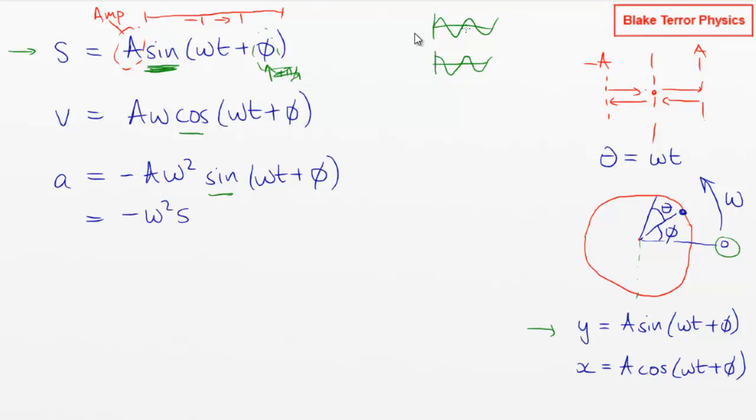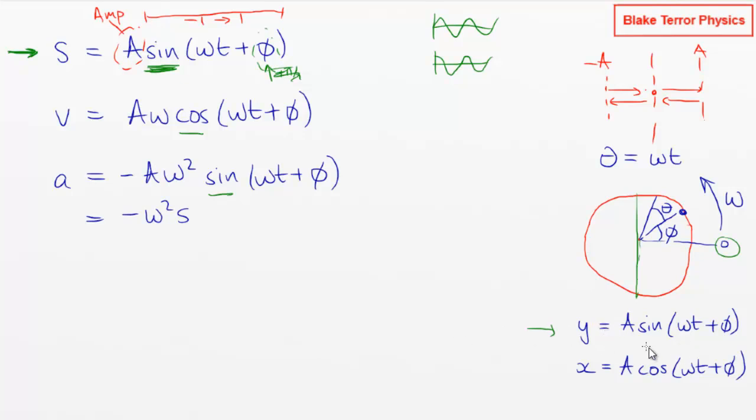So we're describing the displacement here of this particle that's just moving side to side is a slice through circular motion. This is the y coordinate of this circular motion. It's just taking one dimension through a particle that's moving in a circle.